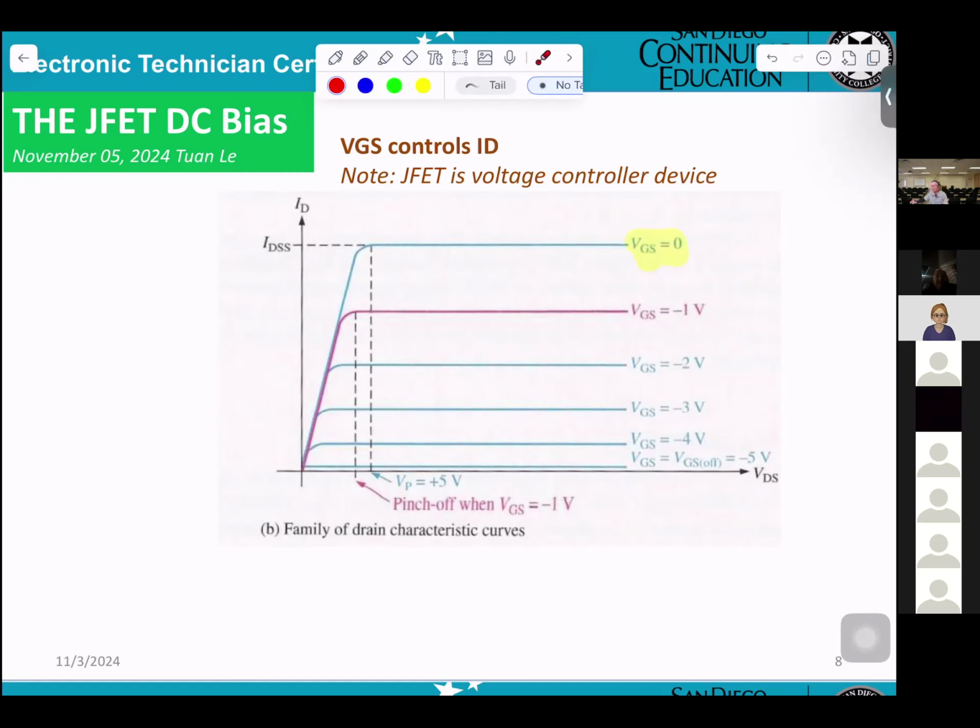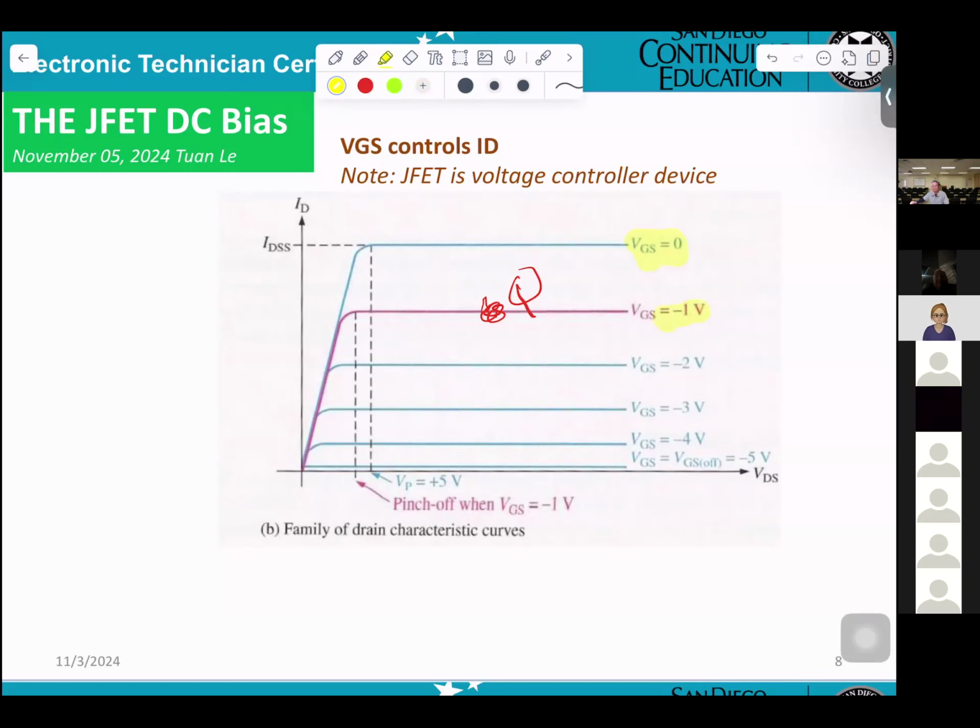So that will tell you, if you get a certain point right here, point Q, what VGS equals. If I get a point here, I say Q point, what does VGS equal? -1 volt, right here.